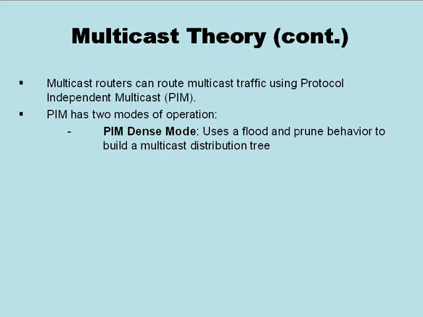And PIM dense mode just assumes that everybody in the topology wants to receive this traffic. So it floods the multicast traffic throughout the topology to all the multicast routers in the topology. But many of those multicast routers might not be attached to receivers for that multicast group. In other words, those routers would have no need to receive this multicast traffic, so they do not need to be a part of this multicast distribution tree.